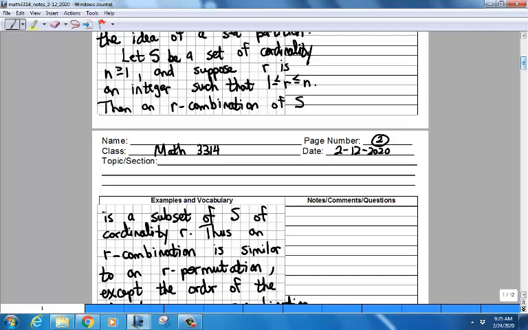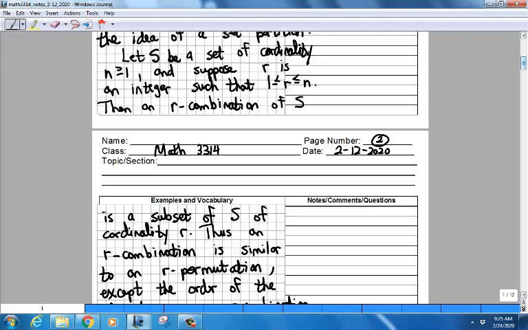Then an R combination from S is just any subset of S of cardinality R. So if you have a set with cardinality n, and you pick a number less than or equal to n, and you take a subset of that size from the given set, that's called an R combination.